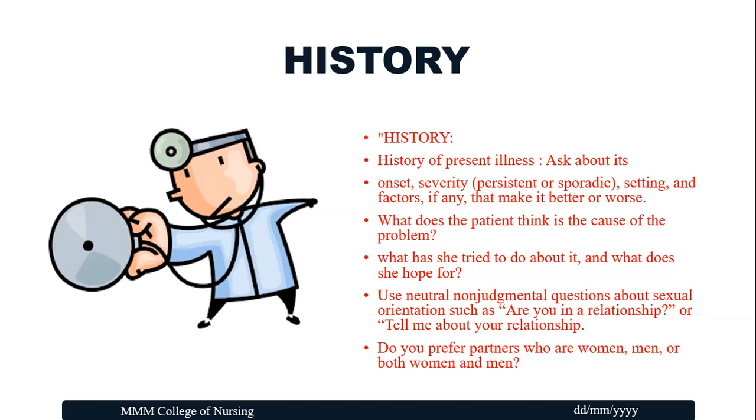Then use non-judgmental questions about sexual orientation, such as, are you in a relationship, or tell me about your relationship status, to know the underlying cause. Do you prefer partners who are women, men, or both women and men?